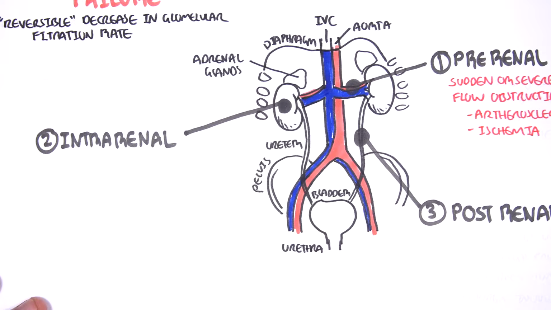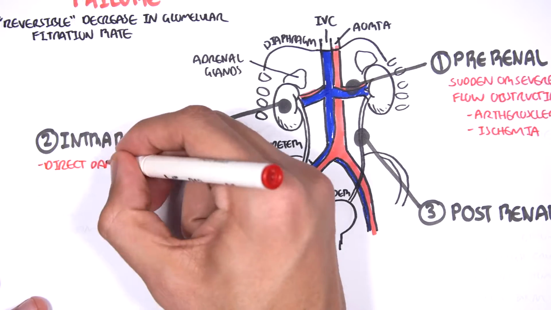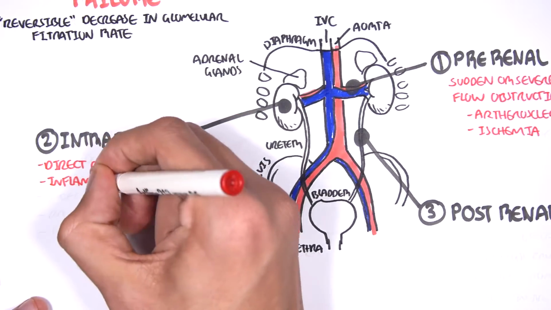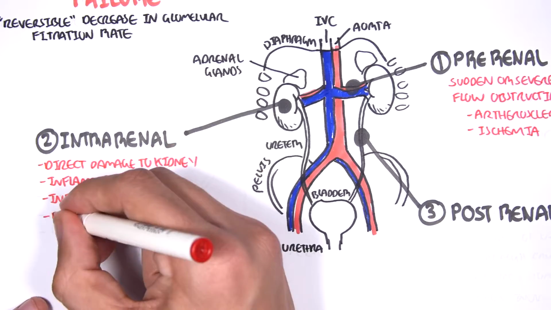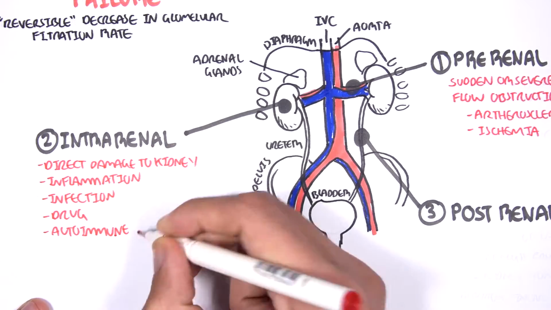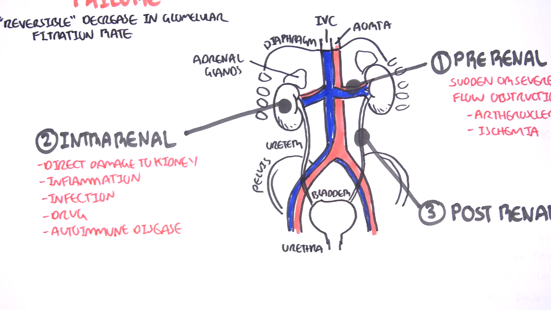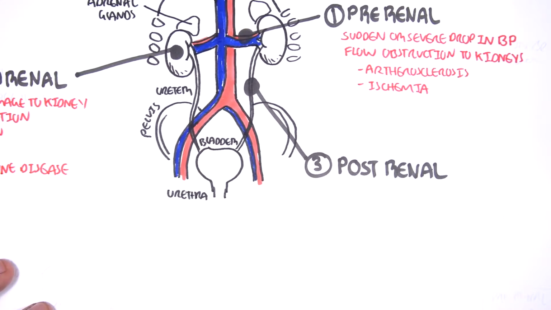And then you have intrarenal causes. Now, intrarenal causes include direct damage to the kidneys itself, inflammation within the kidneys, a form of infection, drugs, as well as autoimmune diseases such as systemic lupus erythematosus. I hope I pronounced that right.